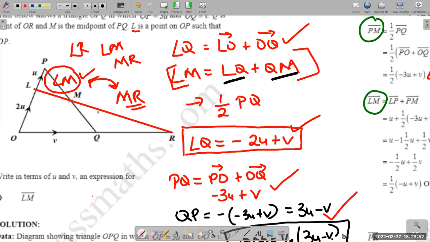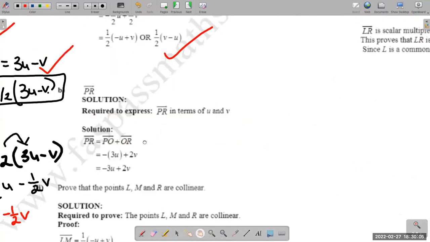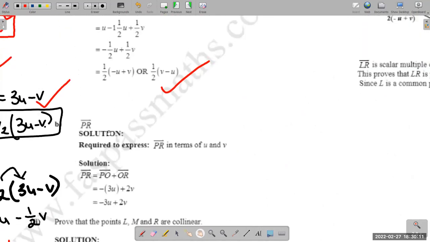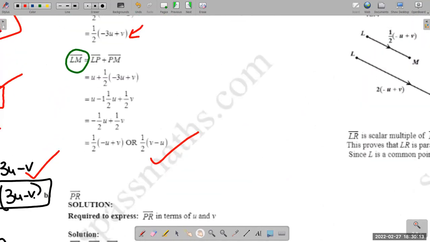Everybody with me? When you realize that, you're going to realize what you have and what you don't have. What we have is that we just calculated LM, so you just need to focus on finding MR. So let's take a look at what we need to do. Here we had LM because that's what we calculated before. You could choose any one you prefer.